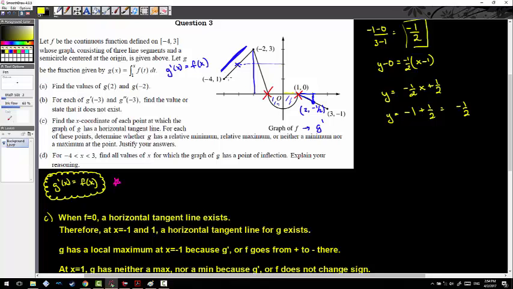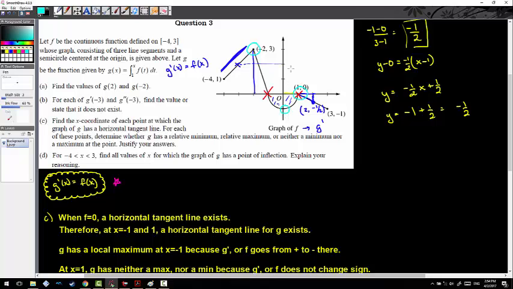So what I want to pay attention to is the slope, the trajectory of this graph. And I want to see if and when and where this graph's slope begins to change direction. Well, that only happens a couple of times. It happens right here, it happens right here, and it happens right here.